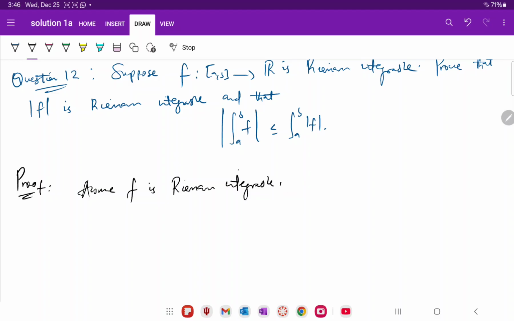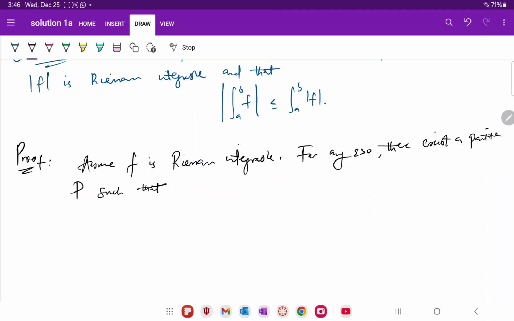So that implies for any epsilon greater than 0, there exists a partition P such that the difference between the upper Riemann sum and the lower Riemann sum is less than epsilon.